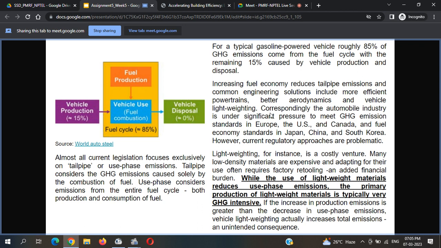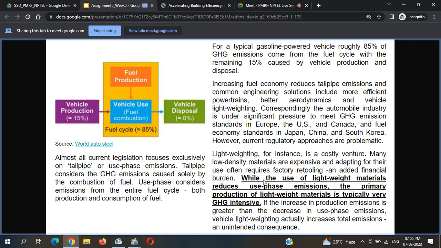So correspondingly, the automobile industry is under significant pressure to meet GHG emissions in different countries, but they focus on creating lightweight materials for their products and focus largely on the aerodynamics and the vehicle material.